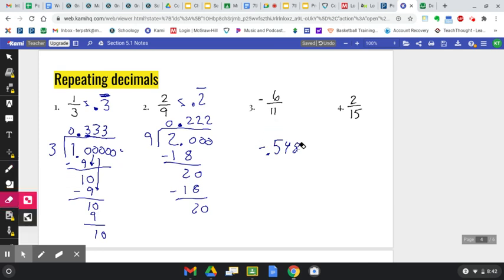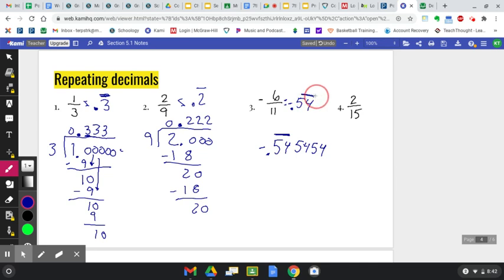I have to put in problems that don't require a 5. 5, 4, 5, 4, and so on. So my period is 5, 4. That's what's repeating.